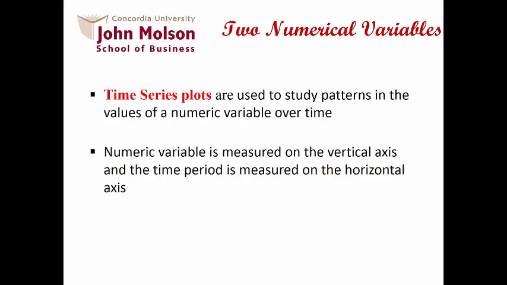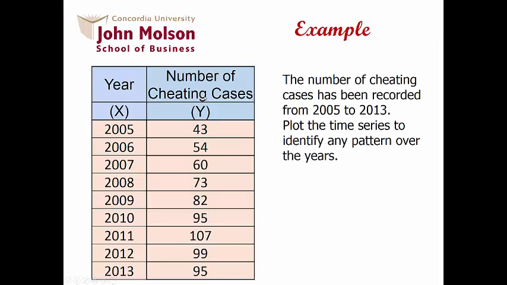If I have two numerical variables, but one of them is a time series, it's over time. So we put time on the horizontal axis, and the other numerical variable will be vertical. For example, the number of cheating cases has been recorded from 2005 to 2013. So we want to plot this time series and identify any pattern over time.